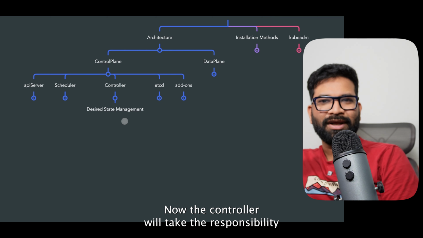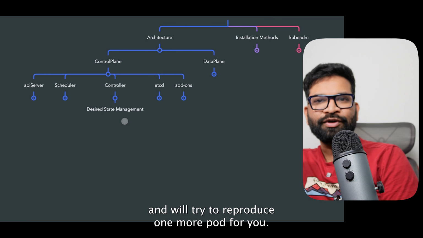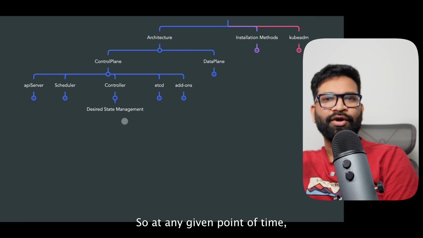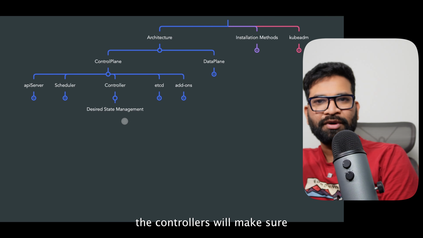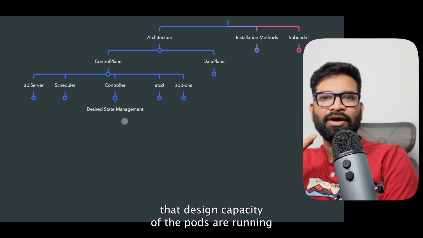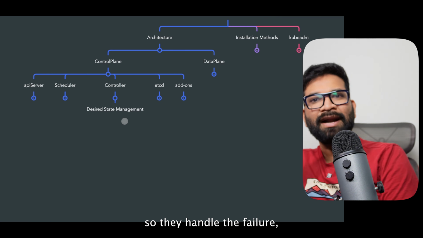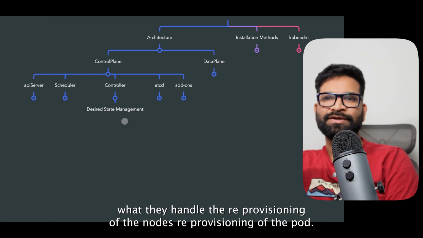Now the controller will take that responsibility and will try to re-provision one more pod for you. So at any given point of time, the controllers will make sure that the desired capacity of pods is running. They handle the failovers, the reprovisioning of the nodes, the reprovisioning of the pods.